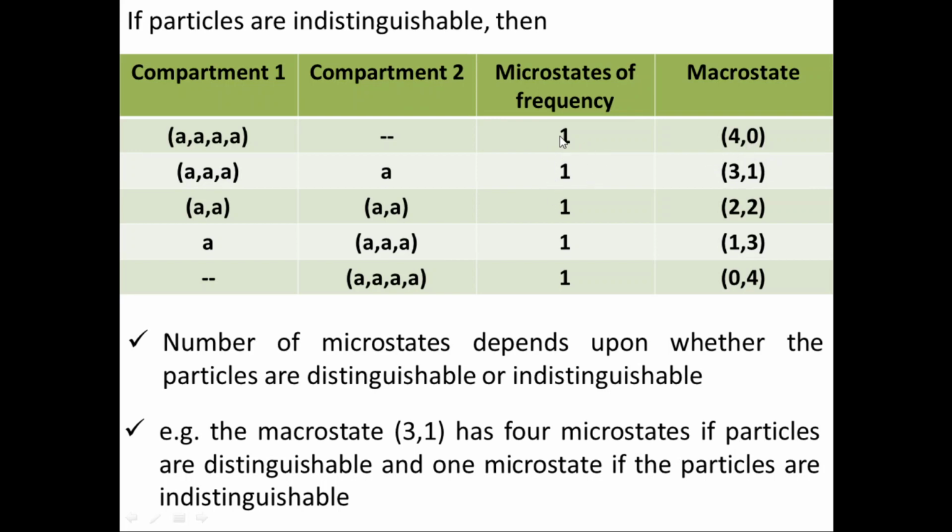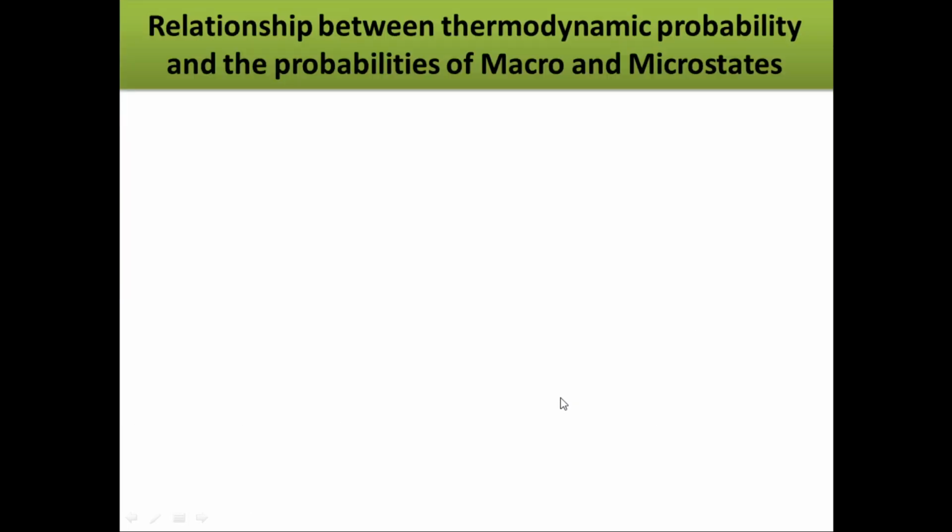Therefore, the main conclusion is that the number of microstates depends upon whether the particles are distinguishable or indistinguishable.